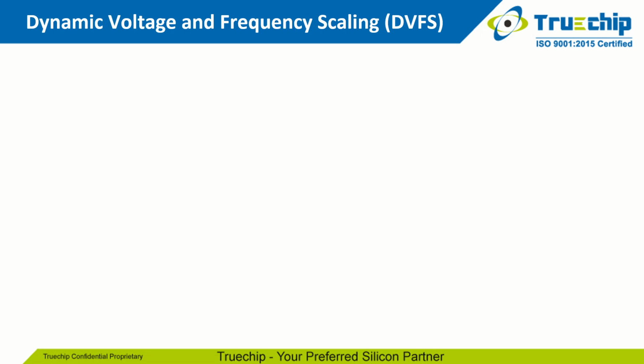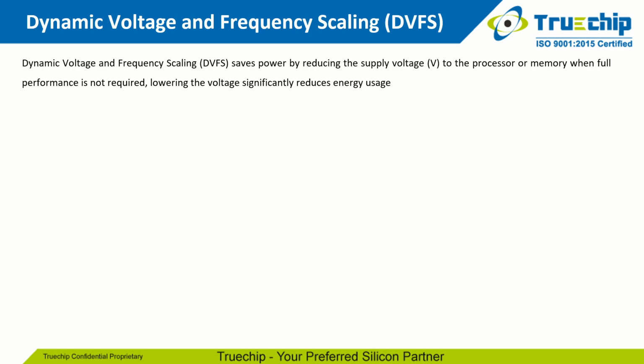So now we will talk about dynamic voltage frequency scaling, DVFS. It saves power by reducing the supply voltage to the processor or memory when full performance is not required. Lowering the voltage significantly reduces energy usage.